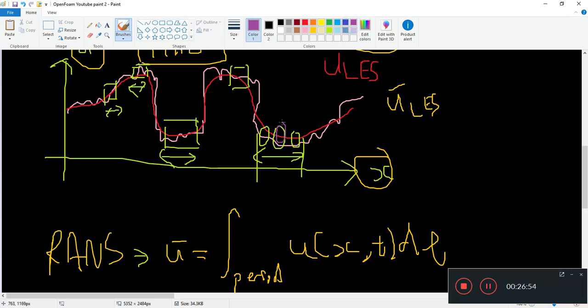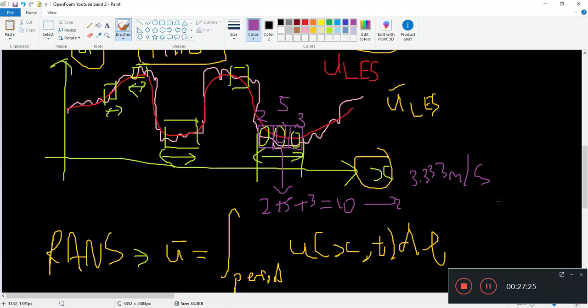Let's say I have this velocity going at 5 meters per second, this one's going at 3, this one's going at 2, and these are the boxes of velocities. I don't just do simple averaging. So 2 plus 5 plus 3 equals 10, and 10 divided by 3 equals 3.33. That's the ensemble average, or just a standard kind of average.